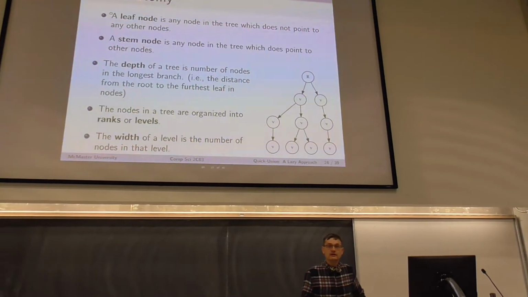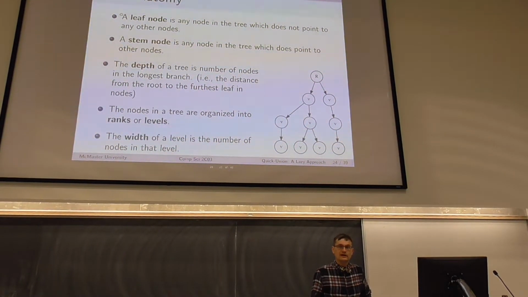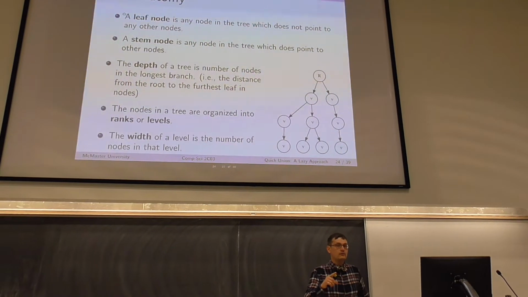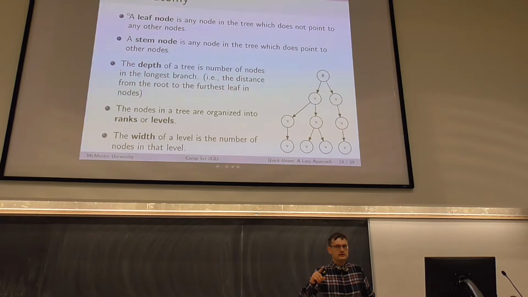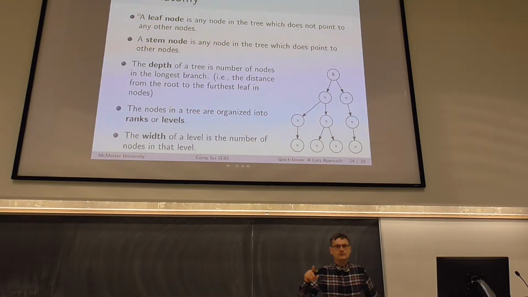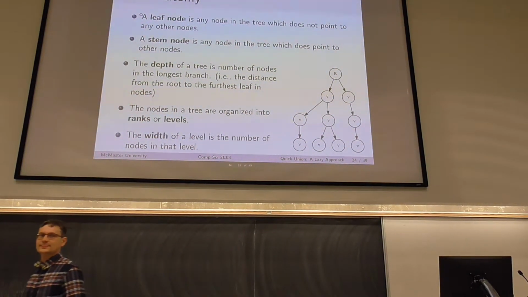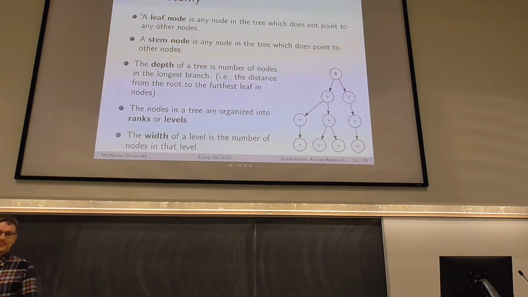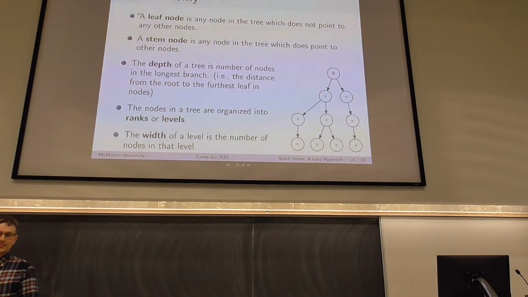If we're talking about a binary tree, does anybody off the top of their head know how many nodes there are in the maximum rank of a binary tree with respect to the number of nodes in the tree? Is it 2 to the exponent of the depth of the tree?